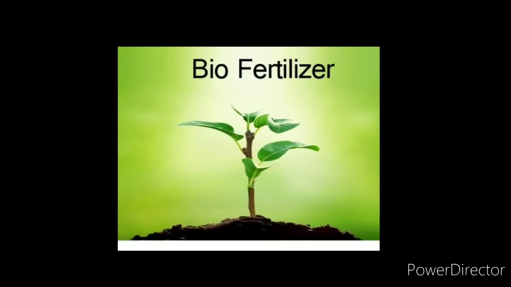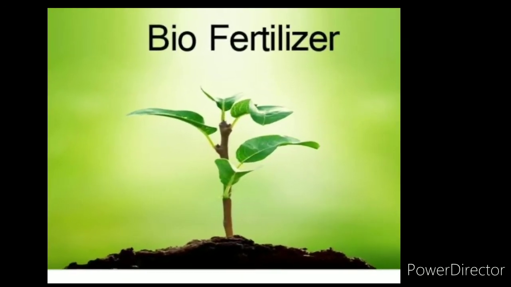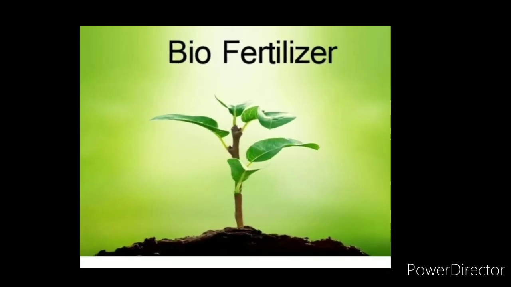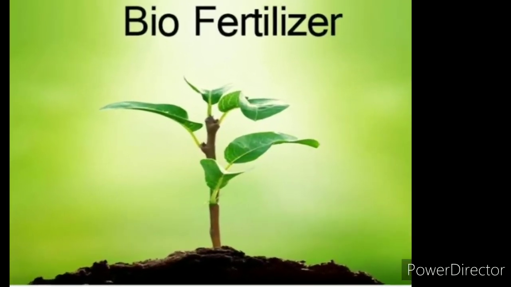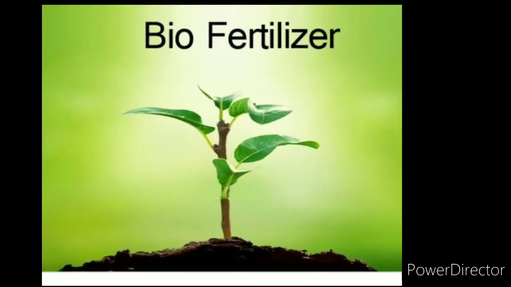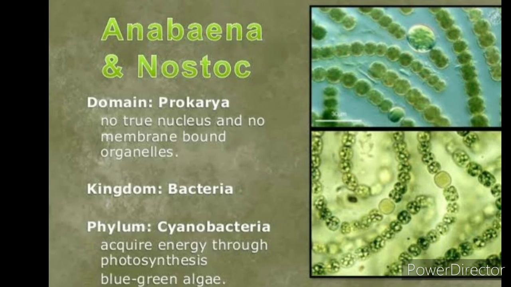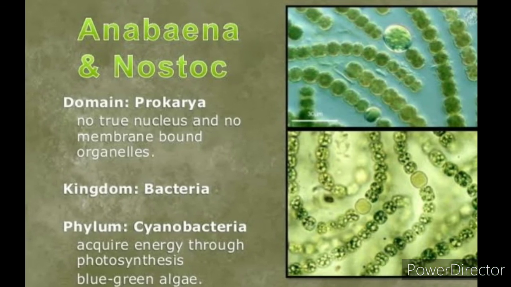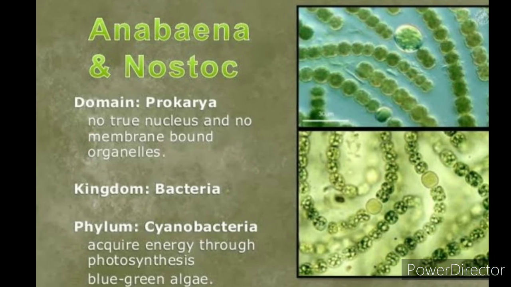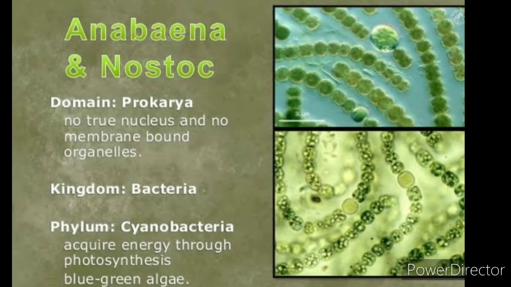Next is biofertilizer. What do you mean by biofertilizer? Fertilizers which are obtained from biological sources which enrich soil nutrients are called biofertilizers. Example, Anabaena, Nostoc, etc. Symbiotic bacteria also fix atmospheric nitrogen.